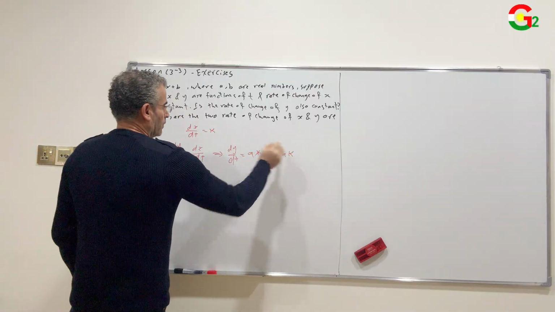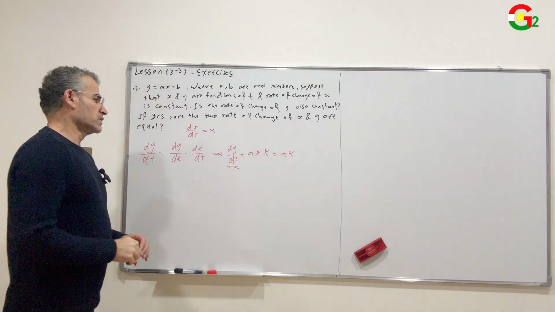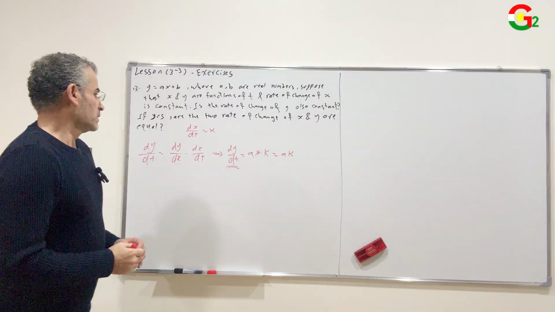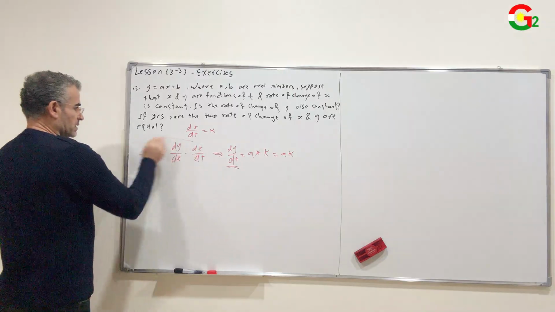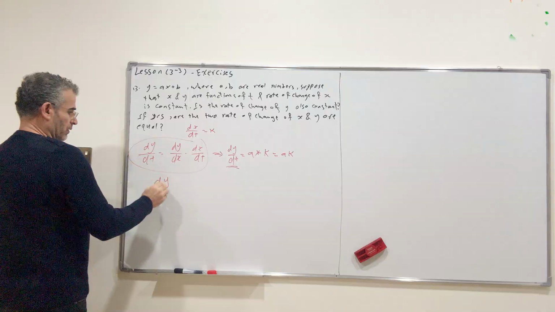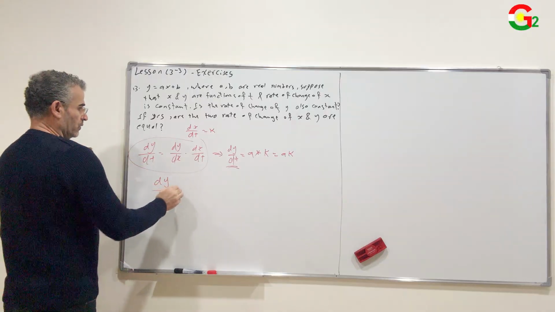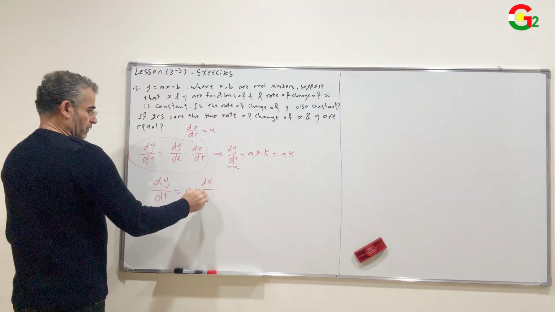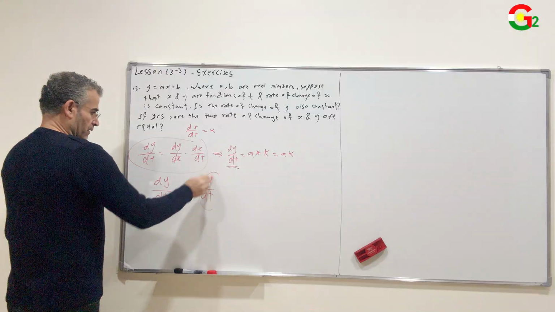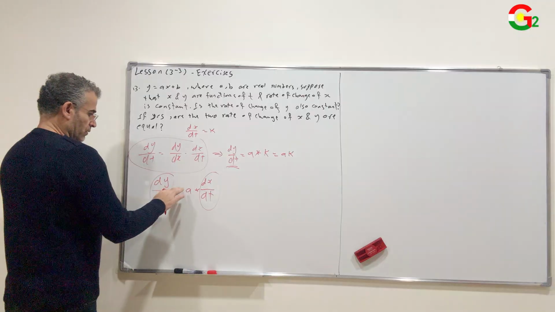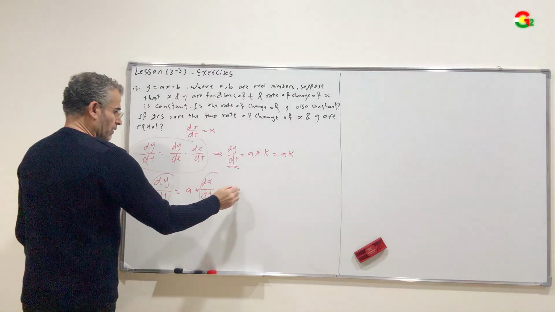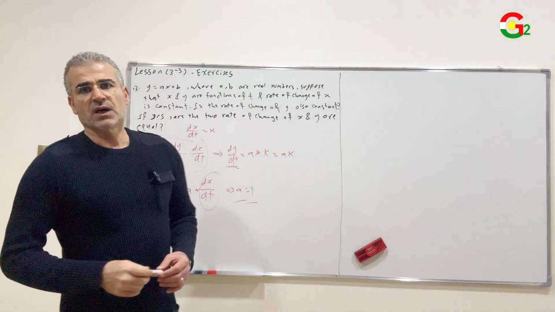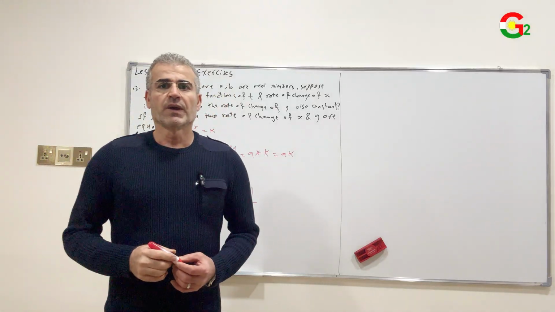Therefore, the rate of change of y is also constant. From this equation, dy over dt equals a times dx over dt. If dx over dt equals dy over dt, then a equals 1. Therefore, the two rates of change are equal when a equals 1.